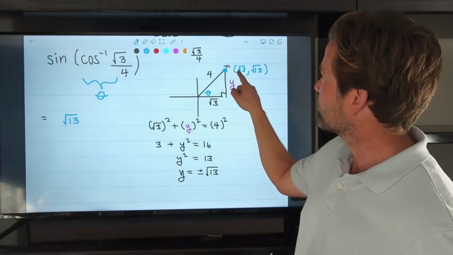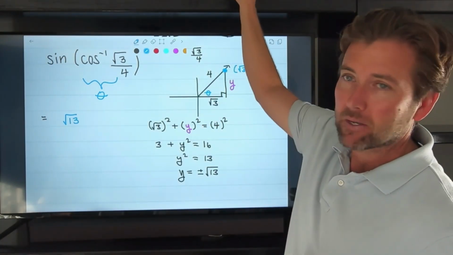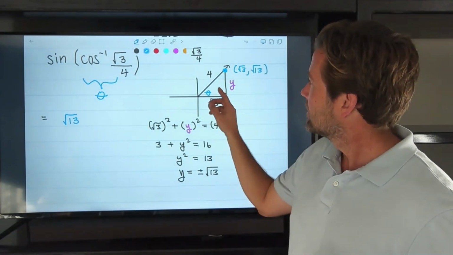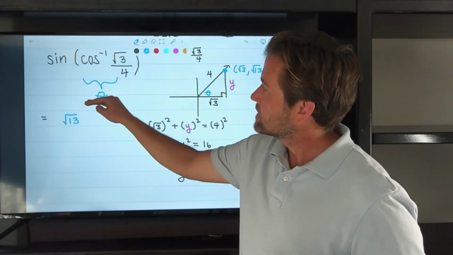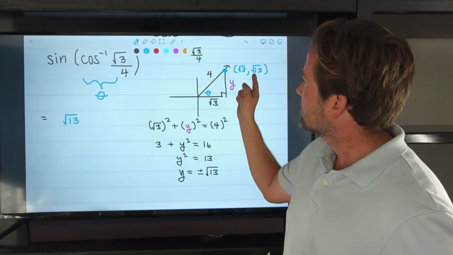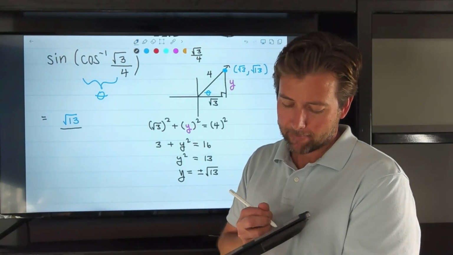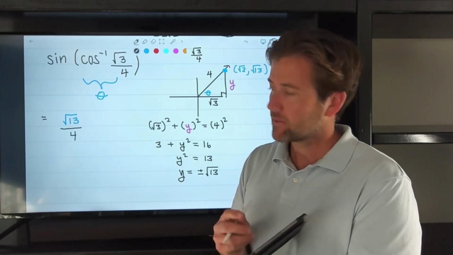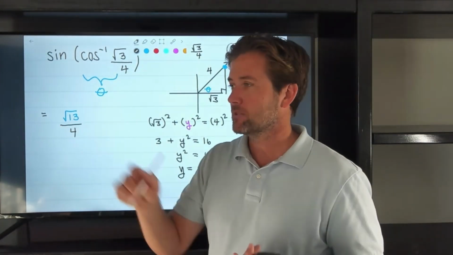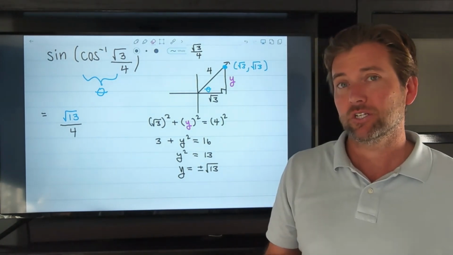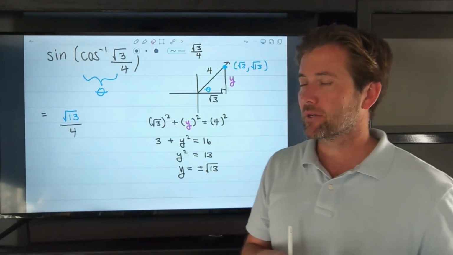This point, root 3, root 13, would be above the unit circle. So the sine of this angle is the y coordinate divided by the hypotenuse of 4. And now this value is in between, or I should say it's less than 1 and obviously bigger than -1.